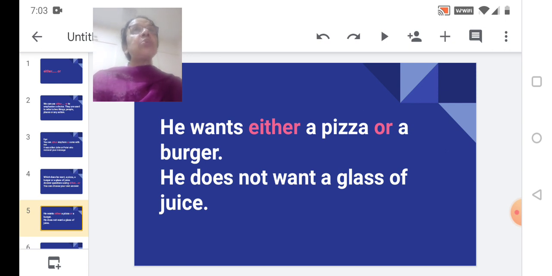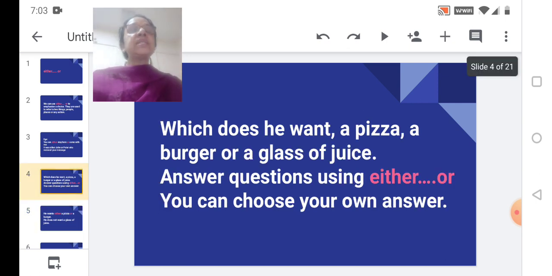Here the answer is given as he wants either a pizza or a burger. And one more sentence is given. There were three eatables, you have chosen two of them, and the third eatable you opted out, so you have written: he does not want a glass of juice. Let us look at the question again. Which does he want?